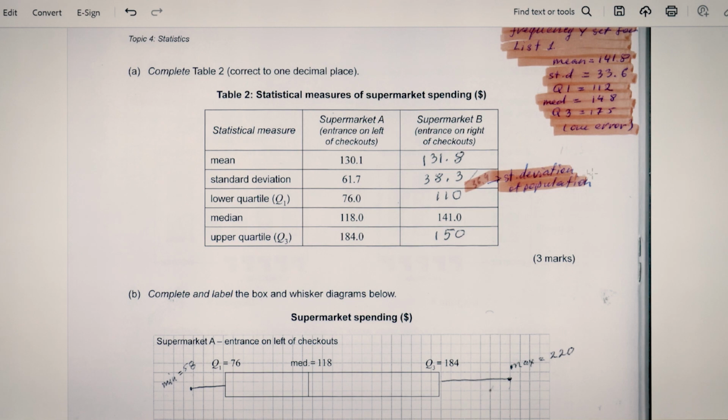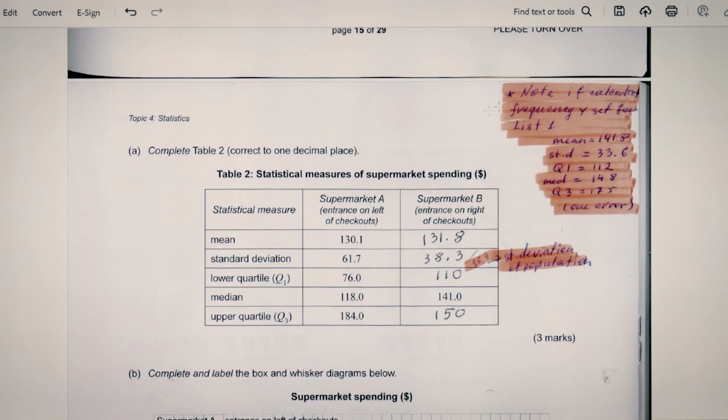Now, the standard deviation of the population, if the students were taking that, it's sigma x, not sx, we weren't punishing them. But again, it's a good idea to teach the difference between them, this is a sample we are looking at, not the population. And also here in orange, I put, remember when we do the calculation in the settings, it says list 1 and frequency list 1 as well.